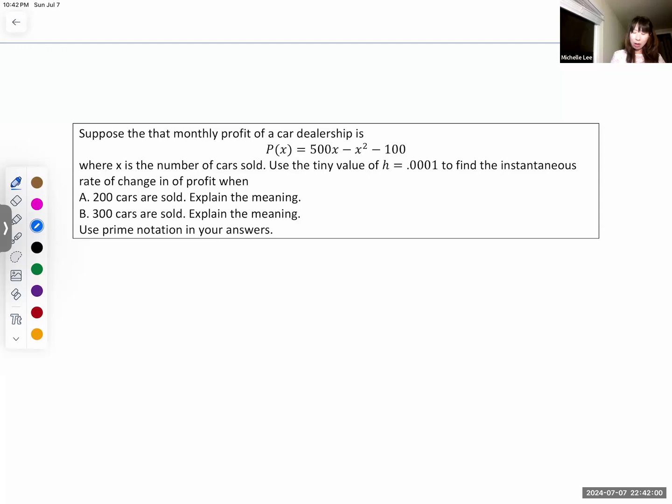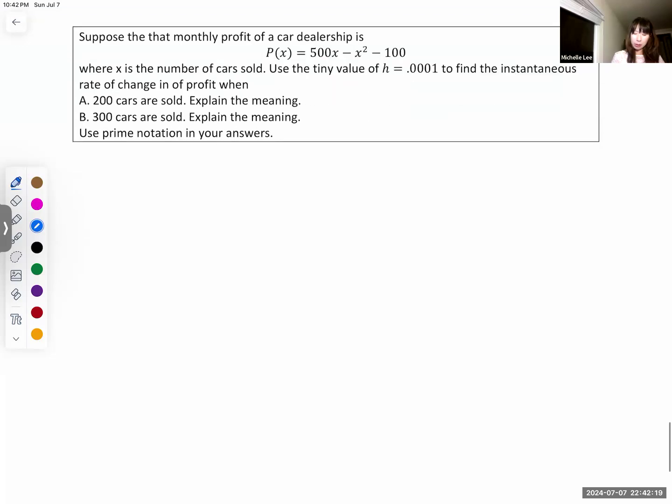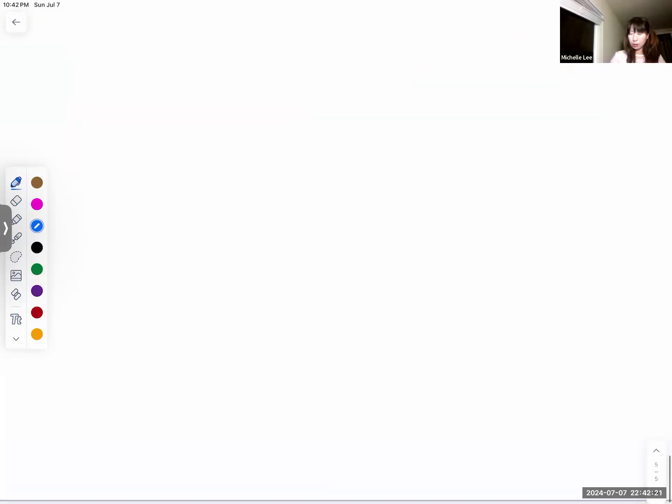Use the tiny value of h equal to 0.0001 to find the instantaneous rate of change of profit when 200 cars are sold. Explain the meaning. And 300 cars are sold. Explain the meaning. Okay. Oh, this is the last one.